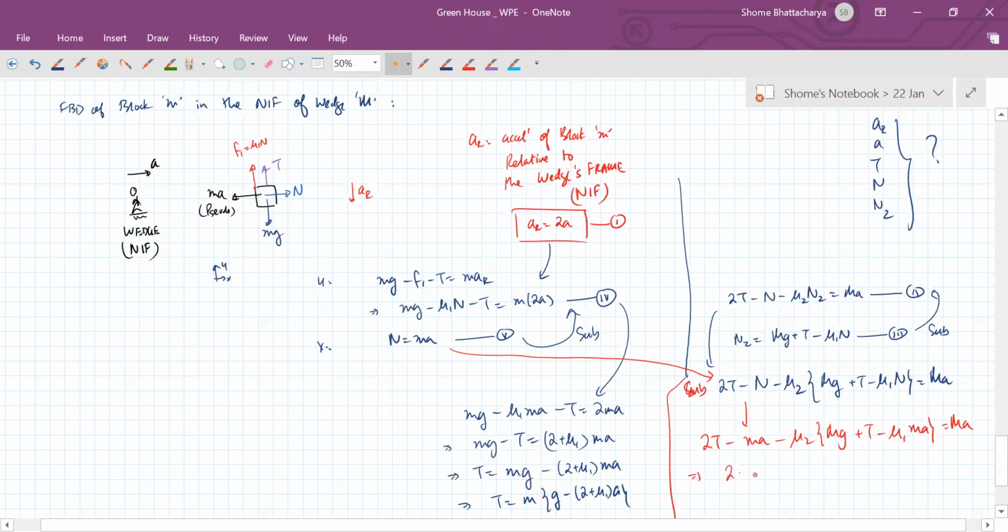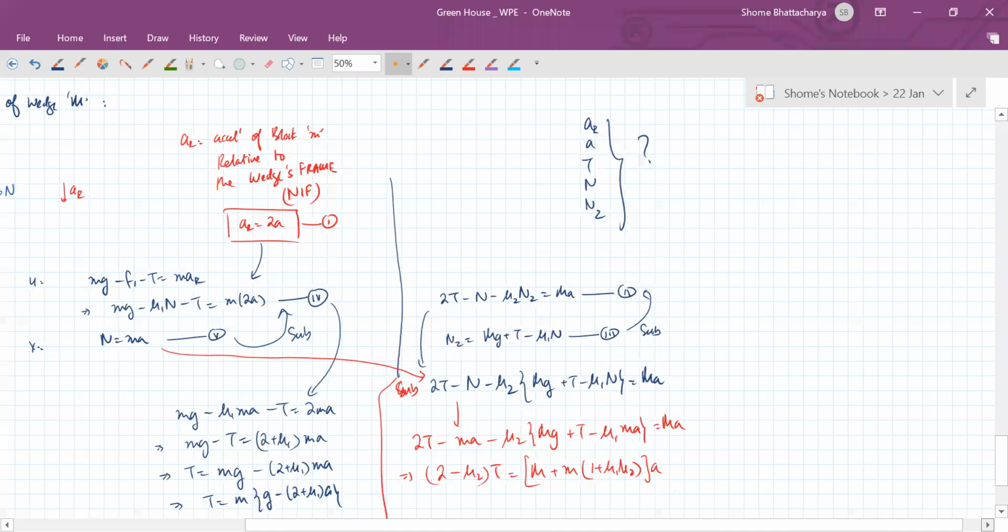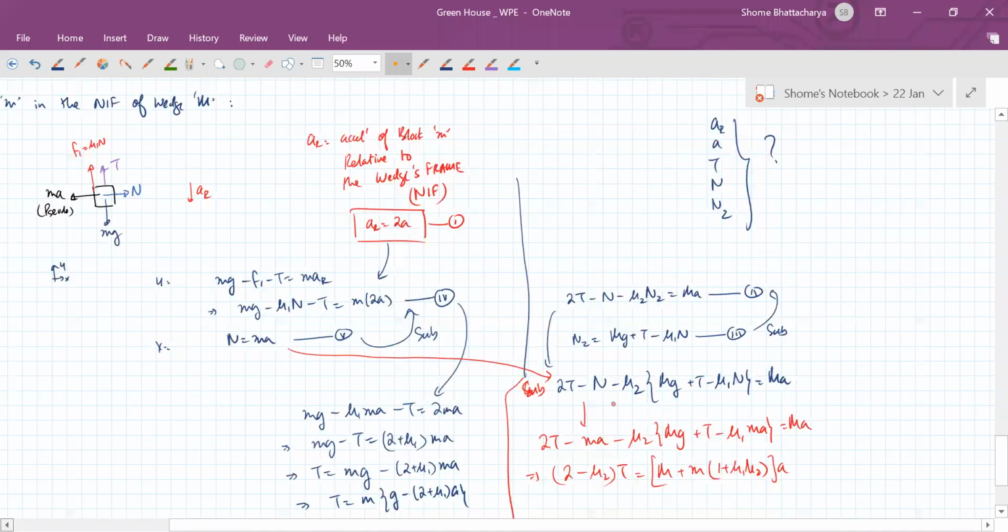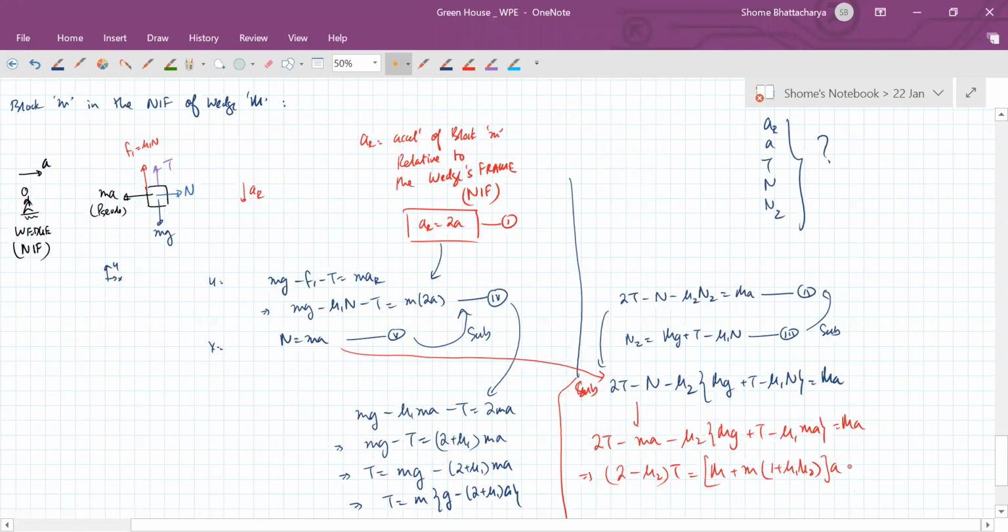So we get (2 minus mu2) into tension is equal to capital M plus small m into (1 plus mu1 mu2) A plus mu2 Mg.